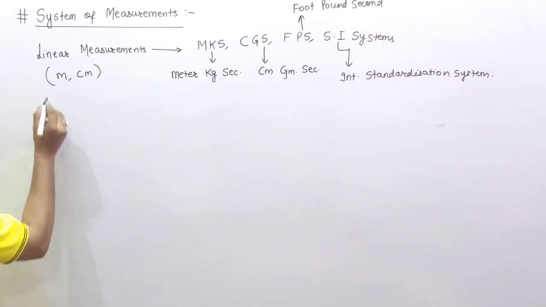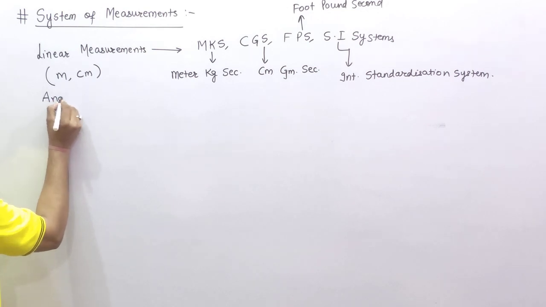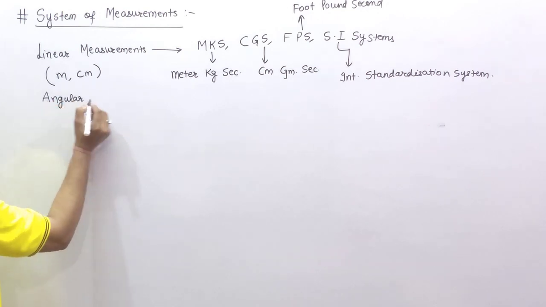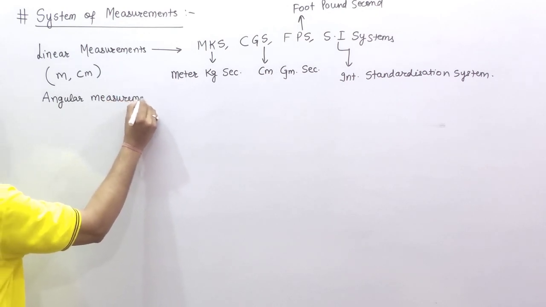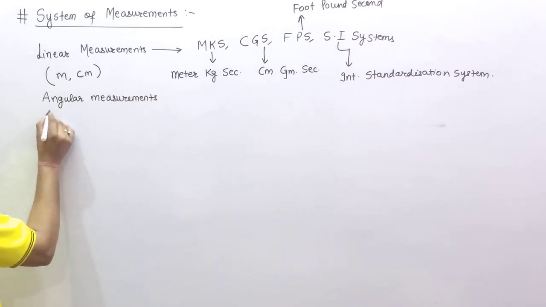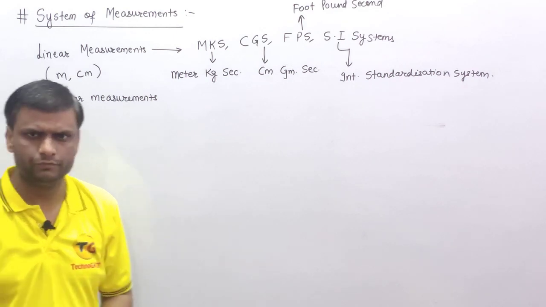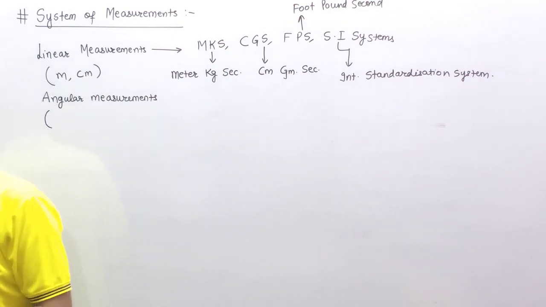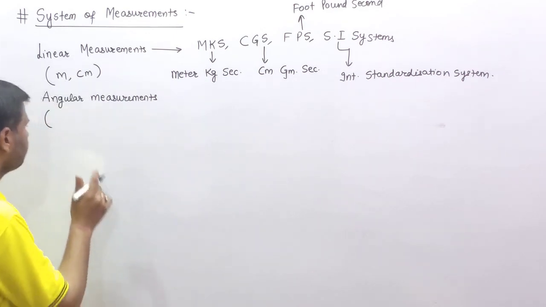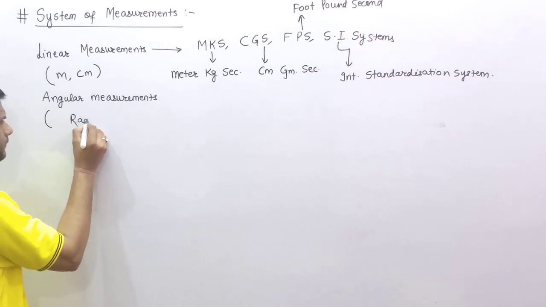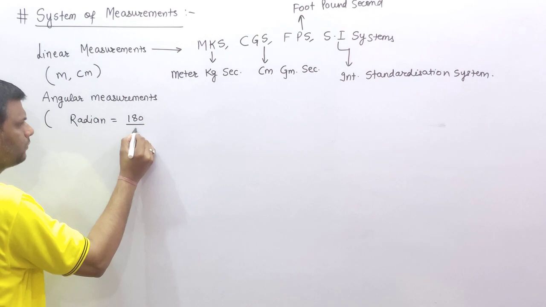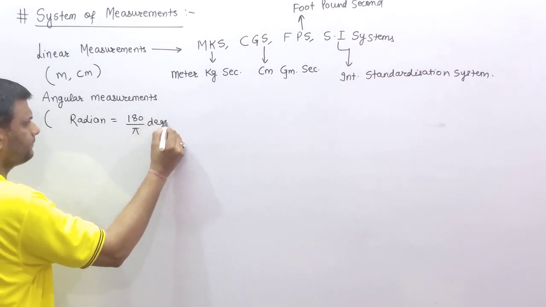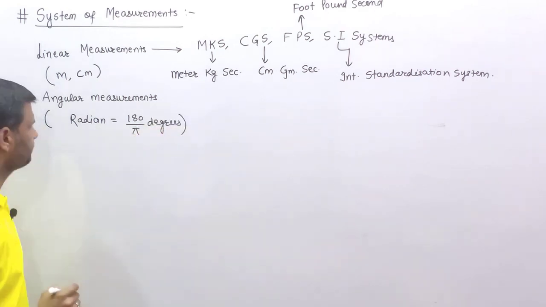But if I am talking about angular measurements, the basic unit of angular measurement is the radian. And 1 radian equals 180 by pi degrees.